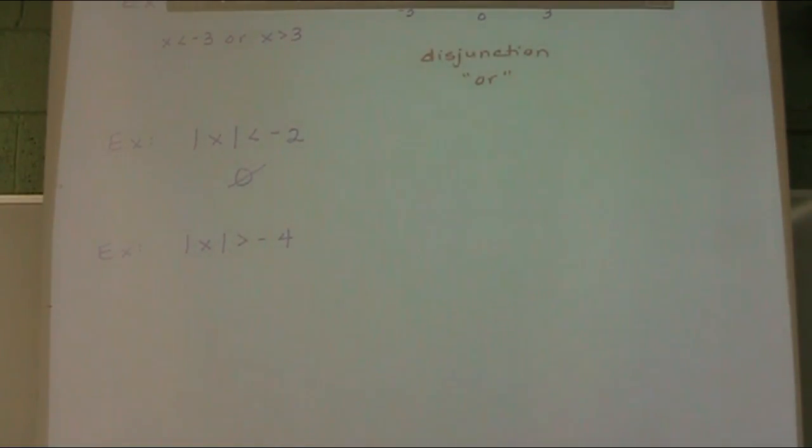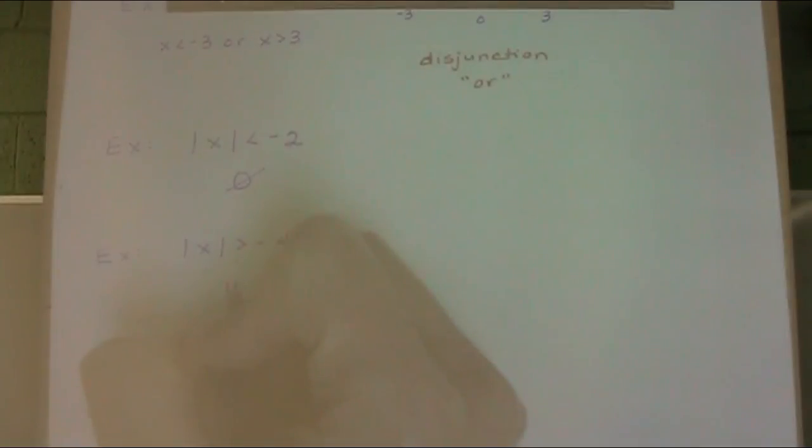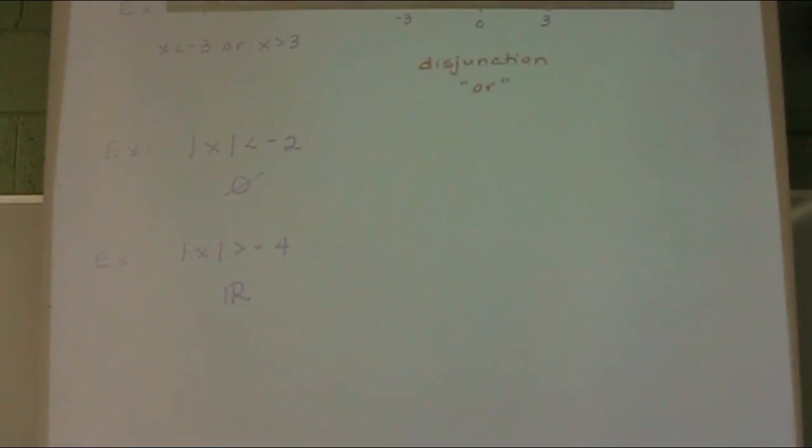What negative numbers will work here? And the answer again is all of them, because absolute value is positive, and any positive number is greater than -4. So this would be all real numbers. And anytime you have an inequality that has absolute value greater than a negative number, you're going to have a solution of all real numbers.